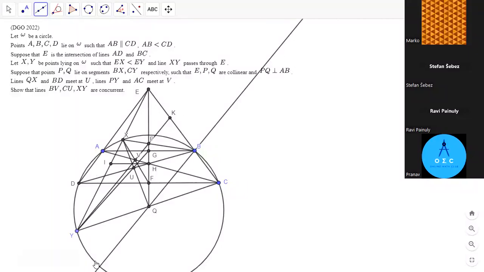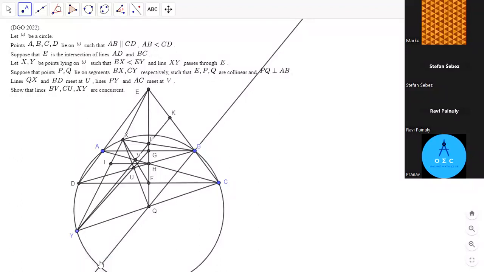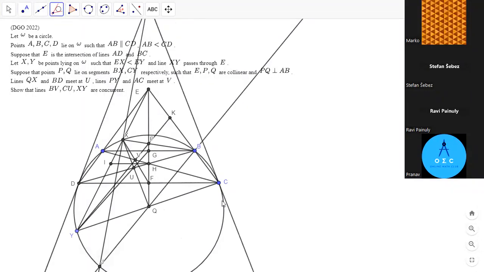Wait, let me think about that. So that means that XJ should pass through the tangents at C and B. Let's check that. Yeah, looks like it.